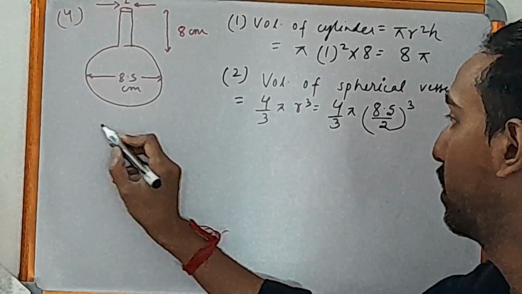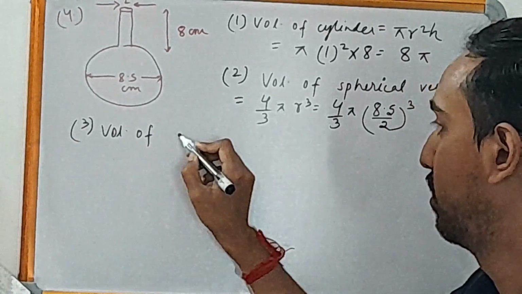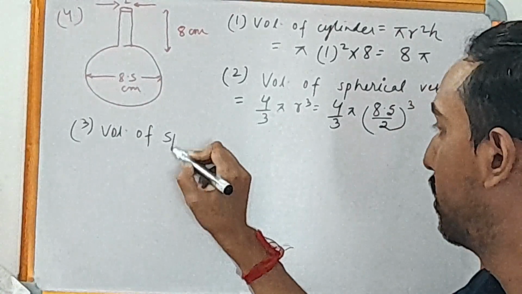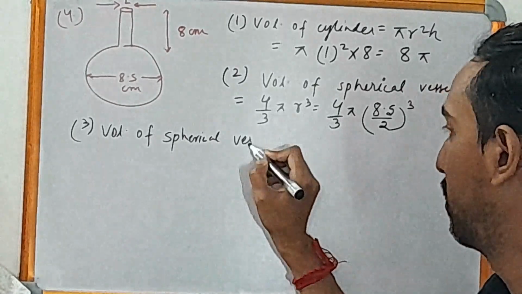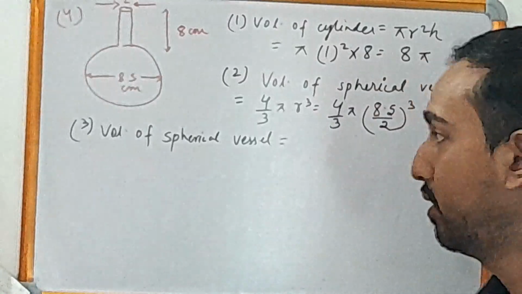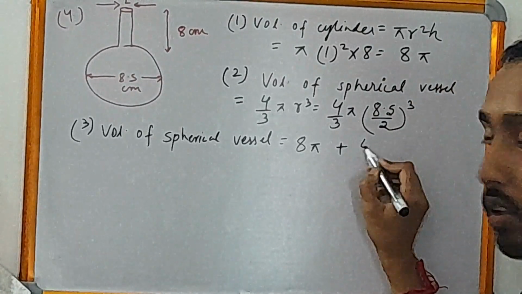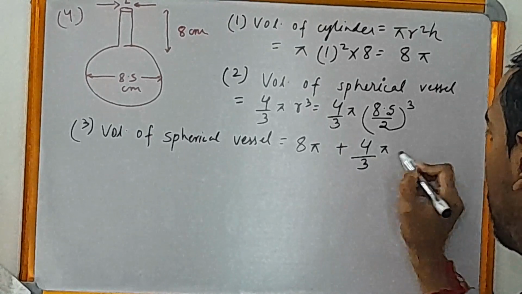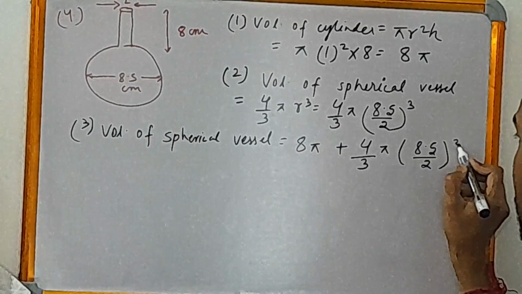So the total volume of this combinational solid, the spherical vessel, is given by 8 pi plus 4 by 3 pi times 8.5 by 2 whole cube.